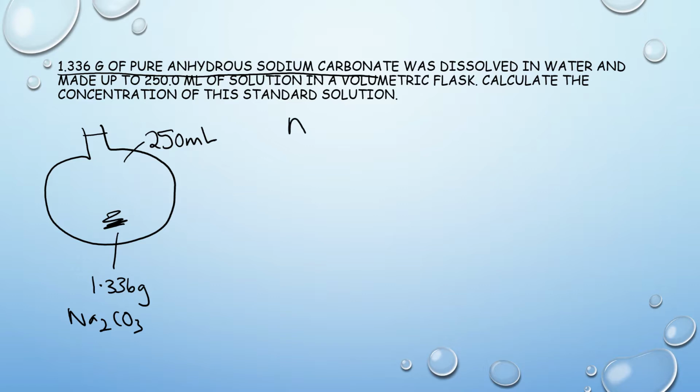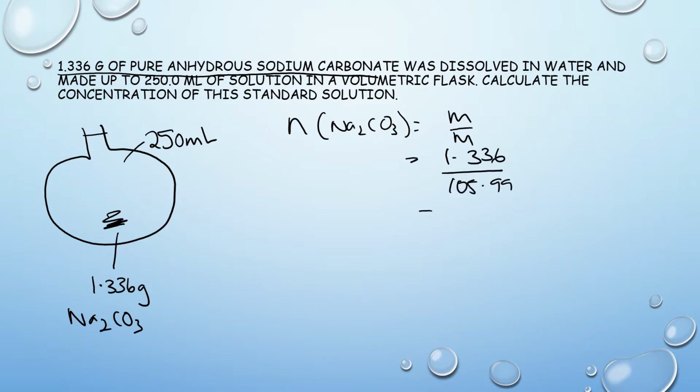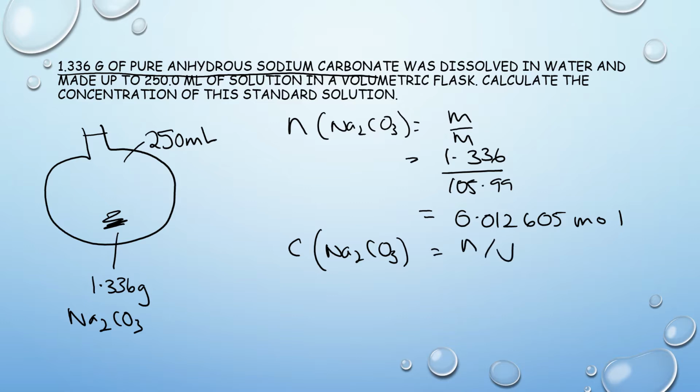So from here we can work out the number of moles of sodium carbonate is equal to mass over formula mass, and it's 1.336 over 105.99, and this will come out to 0.012605 moles.